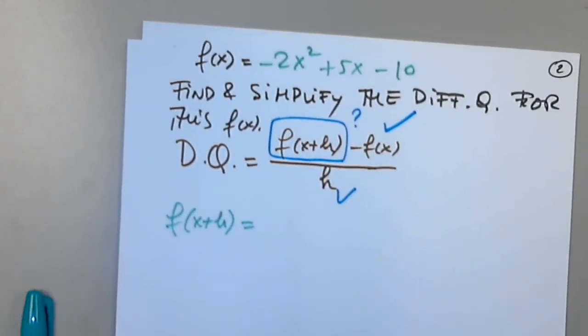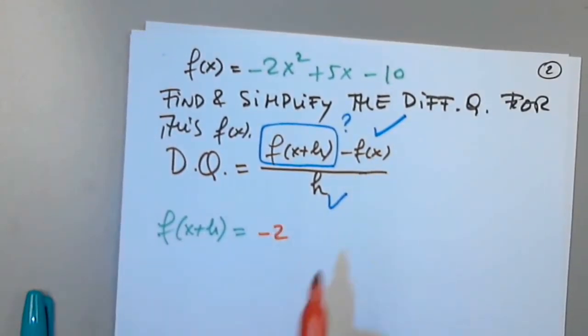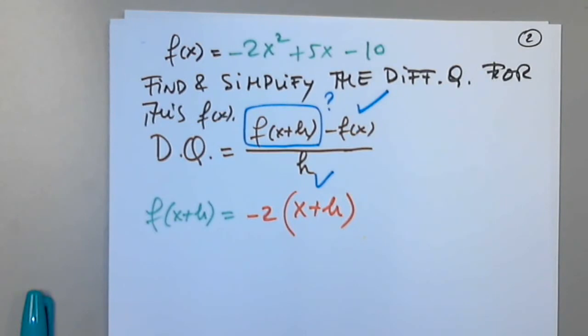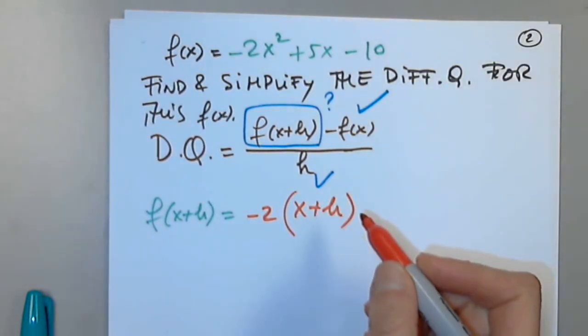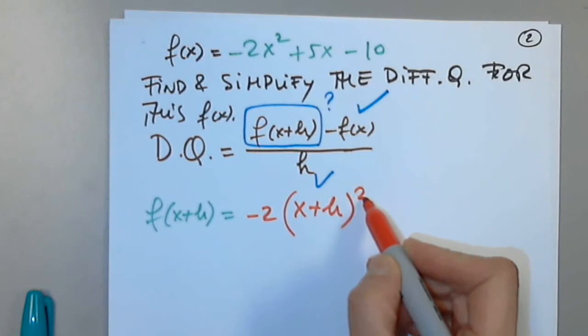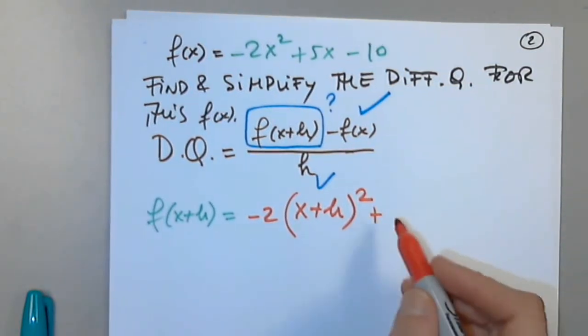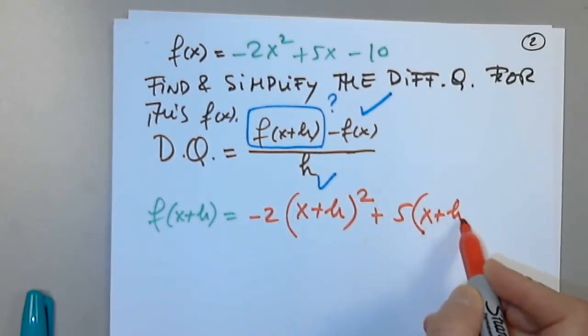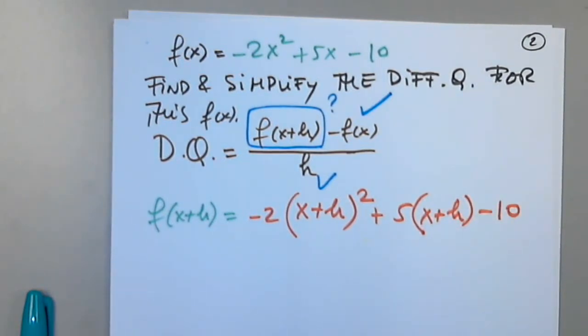Ready? Negative 2, parenthesis. Very good. Plus, and parentheses, it must be. Minus 10. Awesome. I am only mimicking what the function is telling me to do: negative 2 times whatever squared plus 5 times that whatever and minus 10.